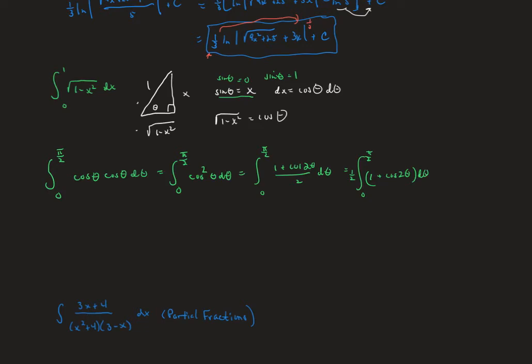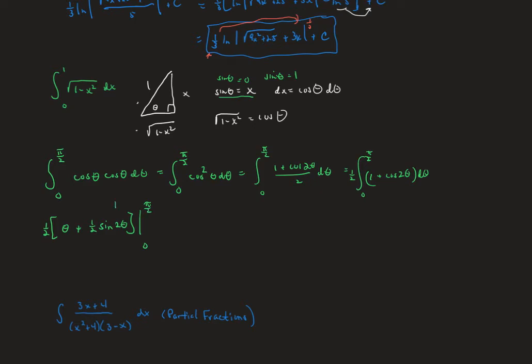Okay, so we have 1/2 times the integral of 1 with respect to theta, which is going to be just theta. And if we do a little u substitution in our head there, for the integral of cosine 2 theta, we're going to get 1/2 sine of 2 theta. Now, I guess we could just go ahead and evaluate this from 0 to pi over 2.